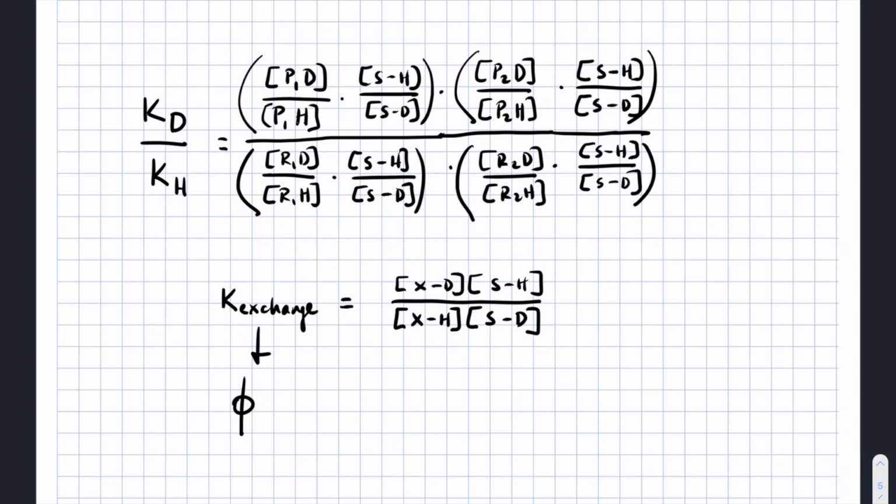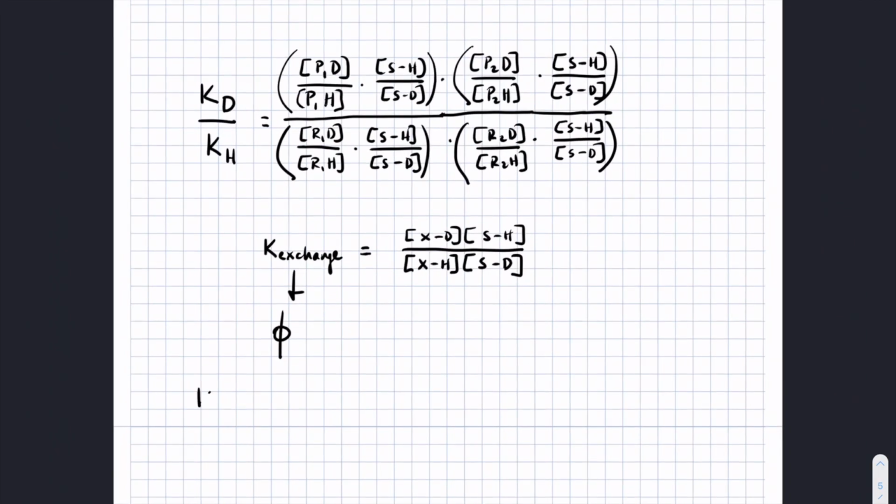And so we're going to actually write our equilibrium expression in a new way. We're going to use phi 1 with a P for product 1.